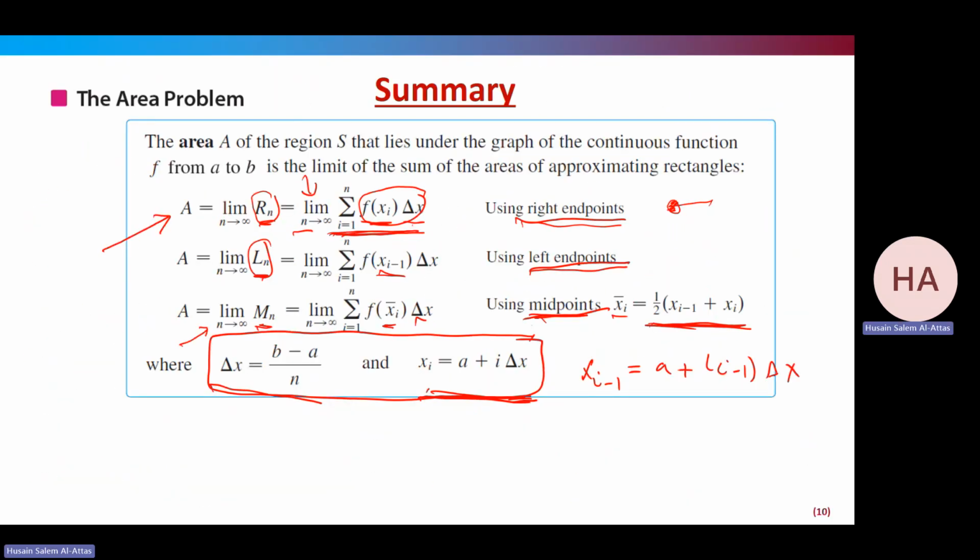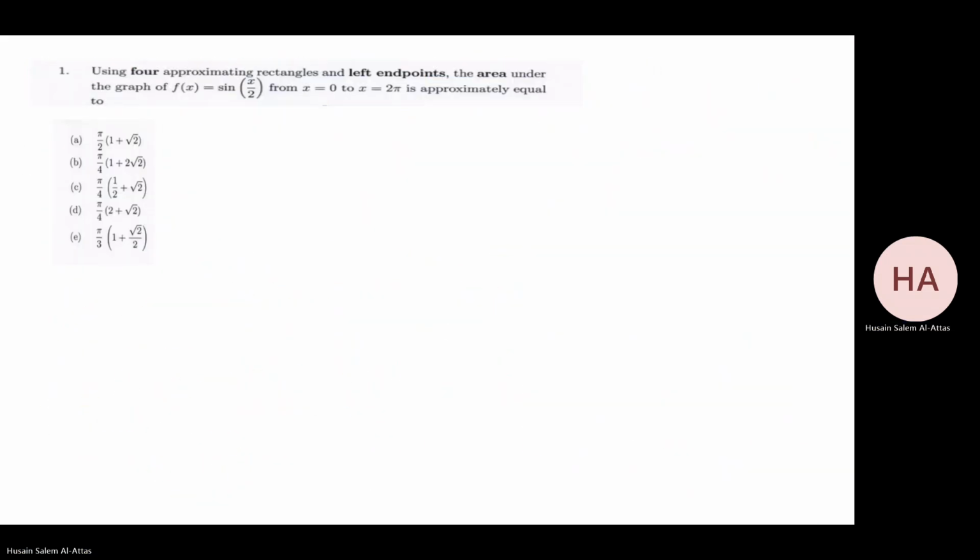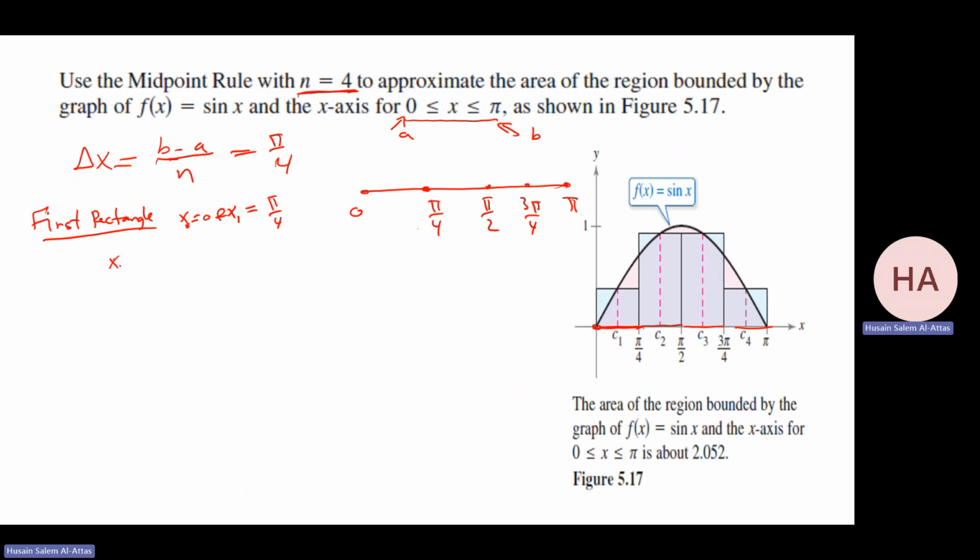Starting with 1, x1 bar is half of the sum of these two. So x1 bar is x0 plus x1 over 2, and that will be pi over 8. Yeah, now the idea is very clear.